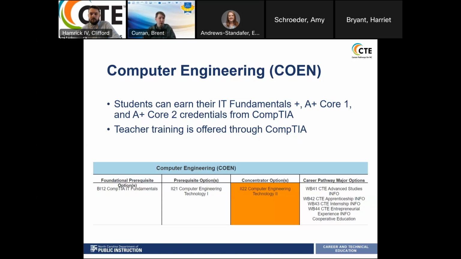They will start out in CompTIA IT Fundamentals, where they learn the fundamentals of what it means to work in an IT help desk. Then they will take I-21 Computer Engineering Technology 1, followed by Computer Engineering Technology 2, where they will learn in depth how to build, maintain, and troubleshoot computers.